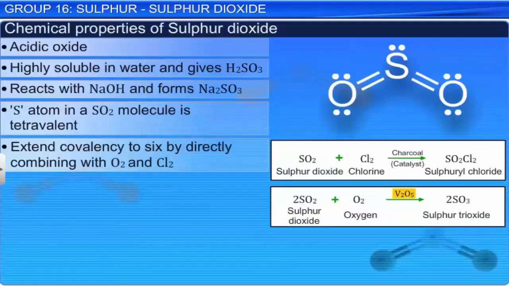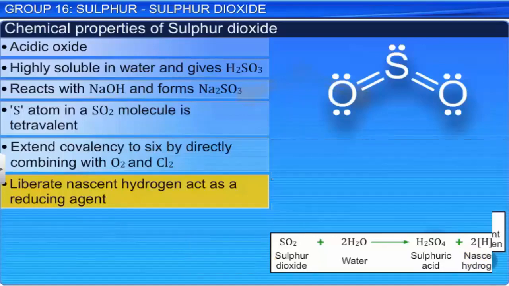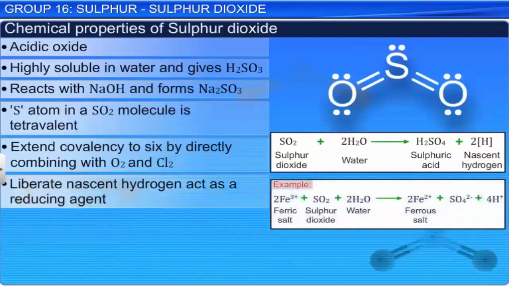In the presence of moisture, it can liberate nascent hydrogen and thus act as a reducing agent. For example, it reduces ferric salts to ferrous salts and halogens to halogen acids.